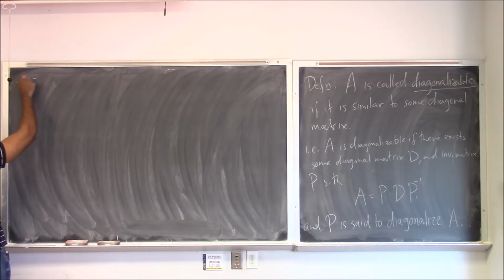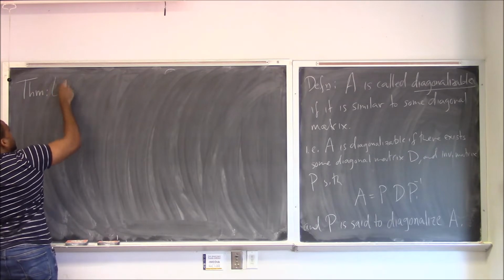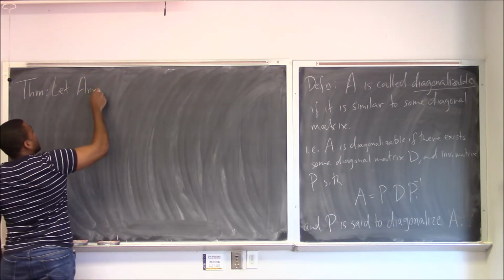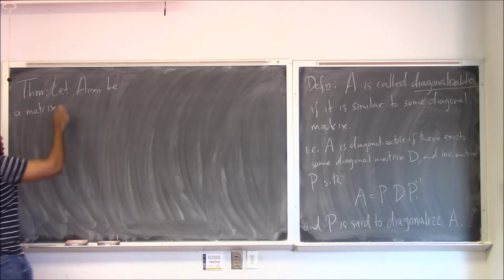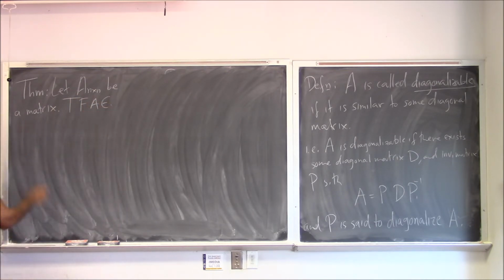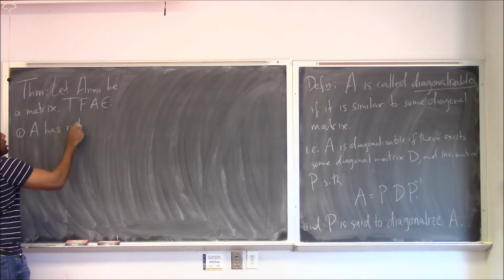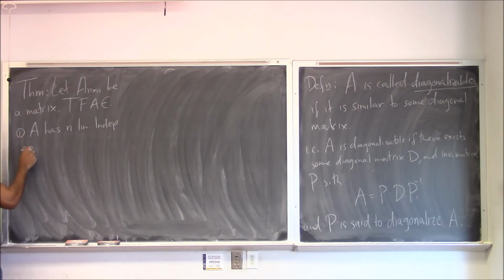Now here's the theorem. Let A be an n by n matrix. The following are equivalent. 1. A has n linearly independent eigenvectors.